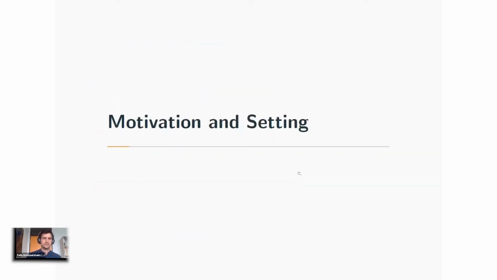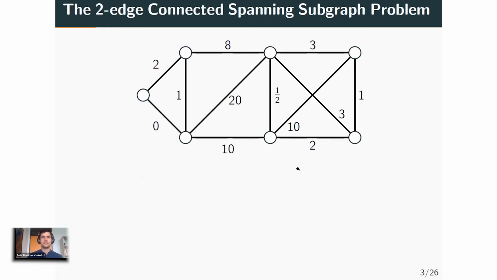Okay, first the setting. A very famous network design problem is the 2-edge connected spanning subgraph problem. Here we are given a graph and weights or costs on the edges. And the task is to compute a minimum weight subset of the edges such that we have a 2-edge connected spanning subgraph.